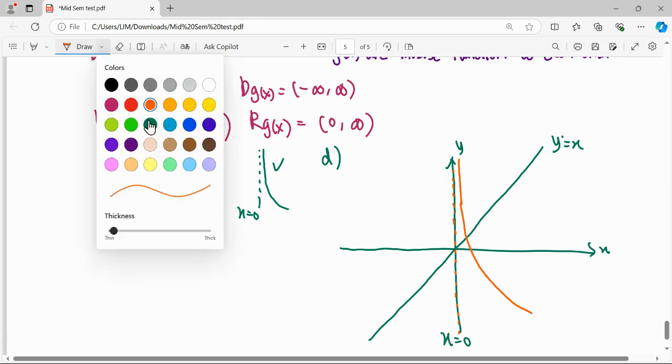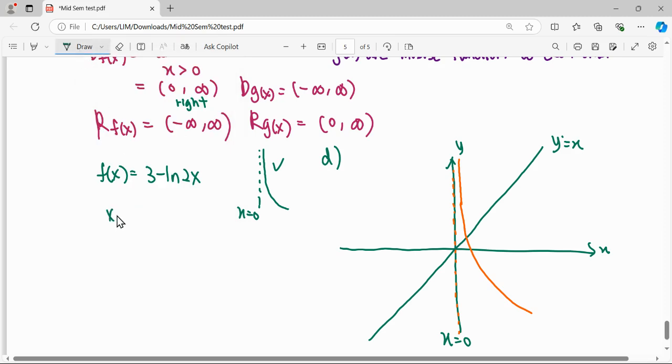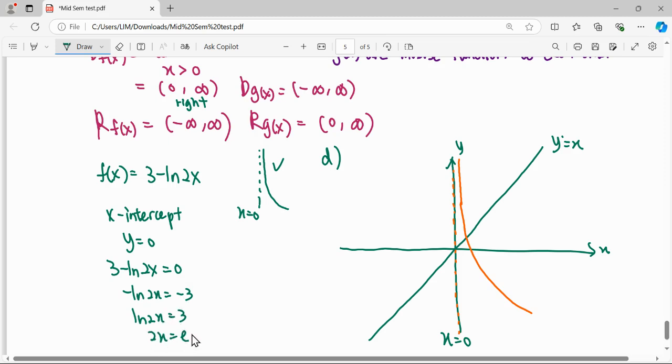When we have an intercept, we need to calculate the x-intercept, where y is equal to 0. 3 minus ln 2x equals 0. We simplify: ln 2x equals 3, so 2x is e to the power of 3, and x is e to the power of 3 divided by 2.